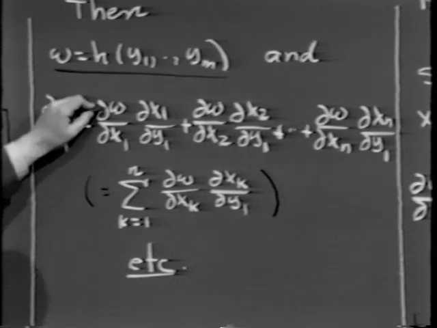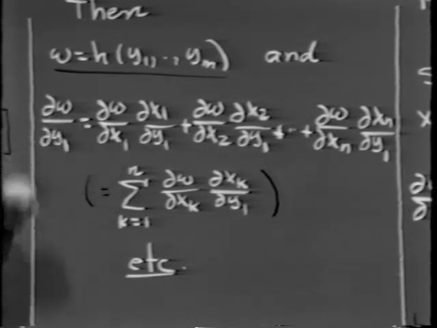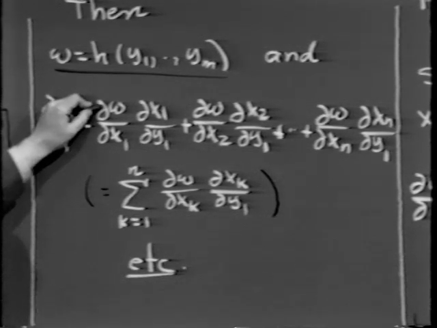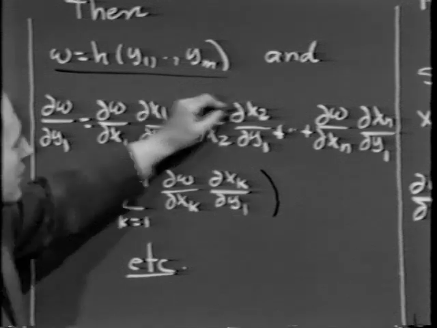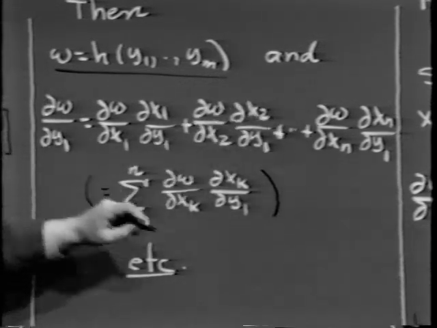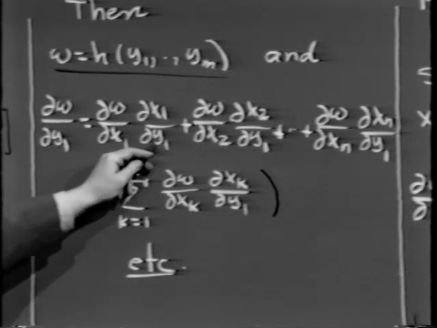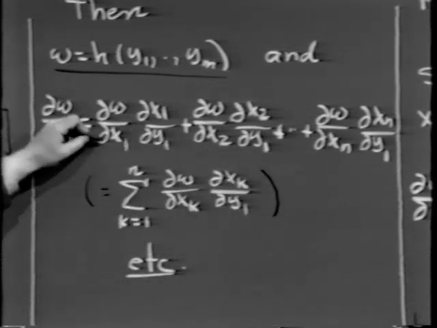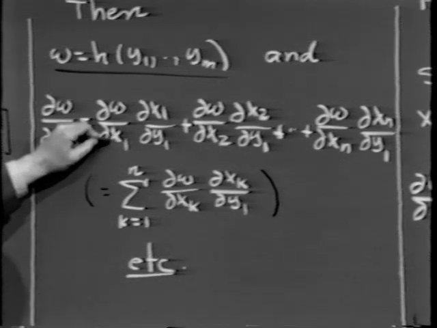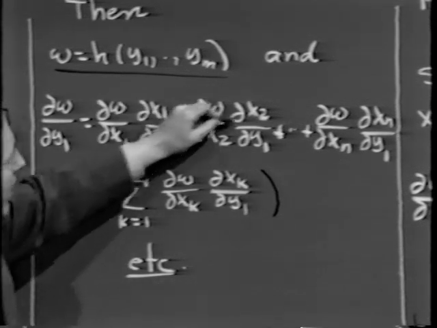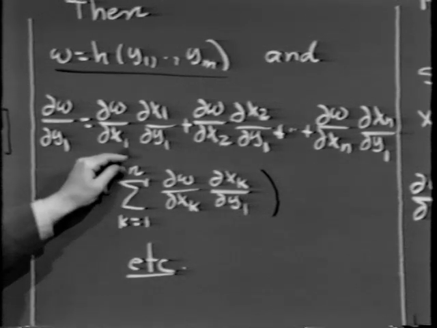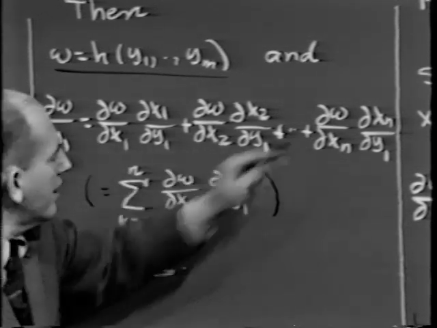Each term consists of two factors, each of which looks like a fraction. The numerator of the first fraction is always delta w, partial of w. The denominator of the second fraction is always the partial y1. And it appears that the denominator of the first and the numerator of the second always have the same subscript, but they seem to vary consecutively from 1 to n.